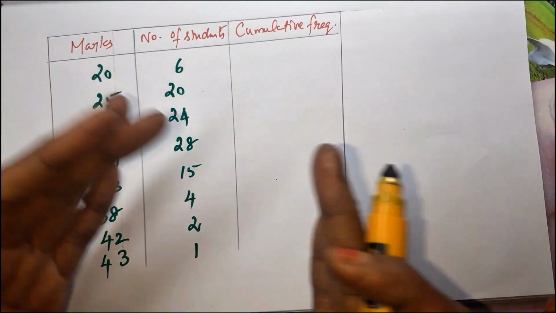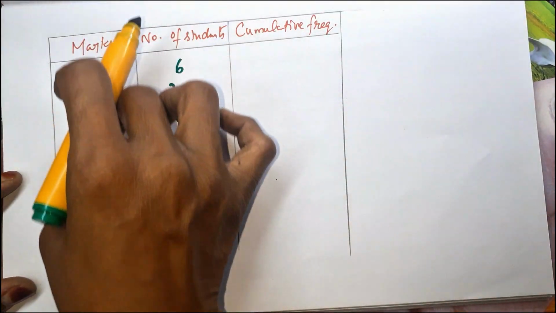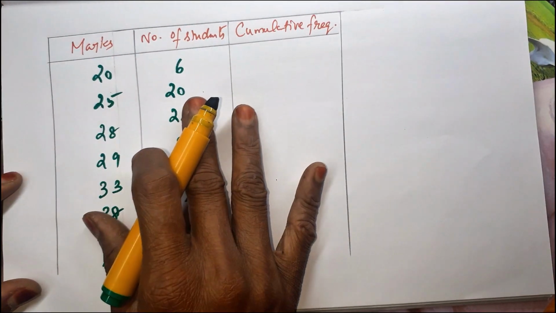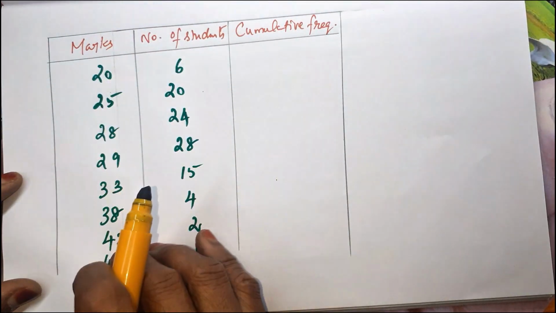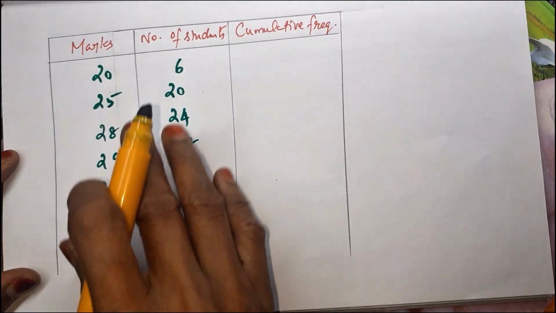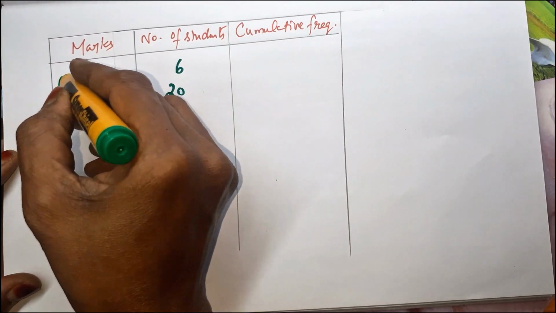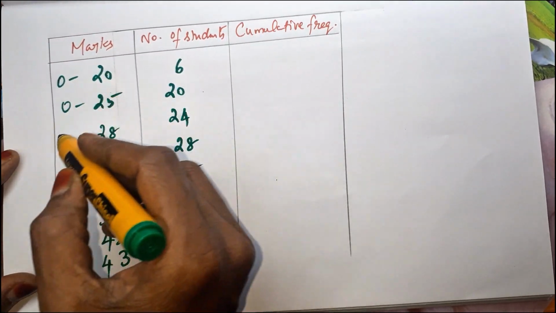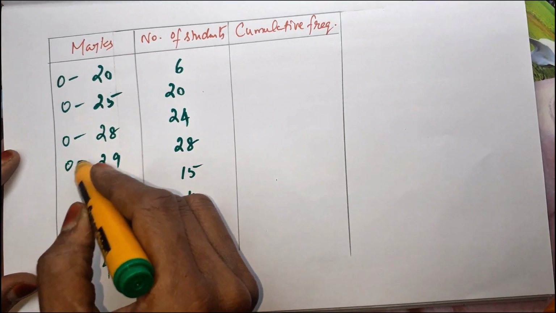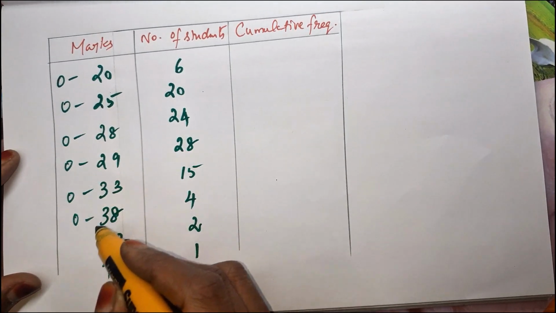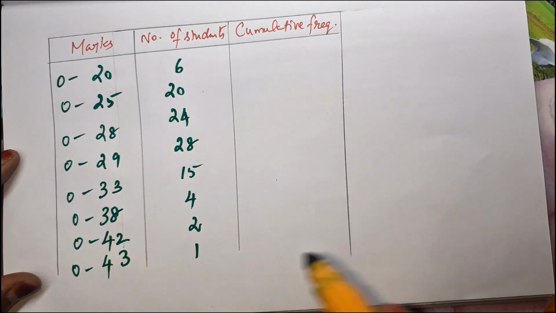Cumulating means we are adding the frequencies. In the data, this is the ungrouped data. They have given marks in this order, but I am not going to take this. I am going to take from 0 to 20, 0 to 25, 0 to 28, 0 to 29, 0 to 33, 0 to 38, 0 to 42 and 0 to 43.